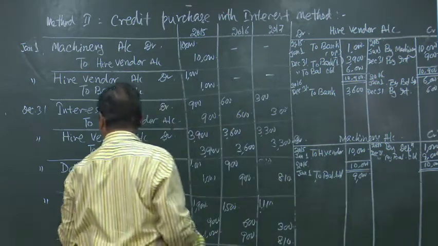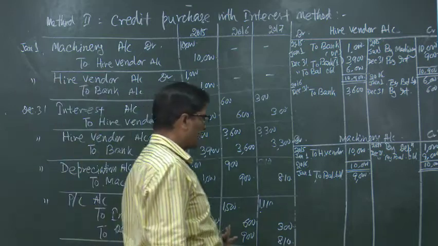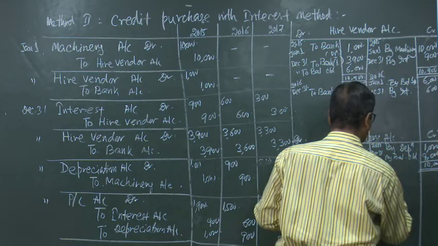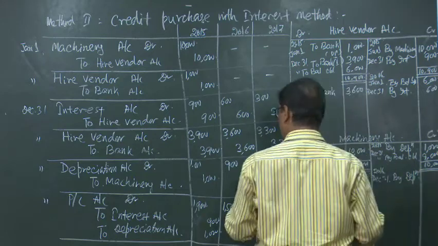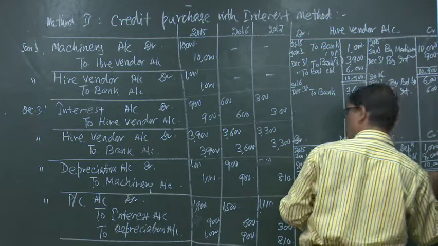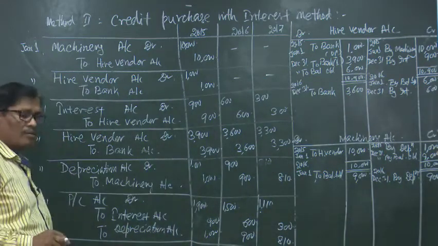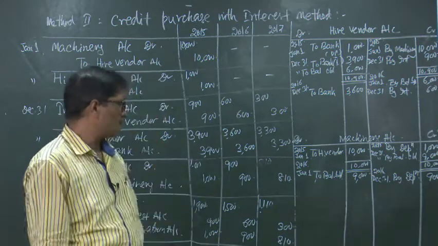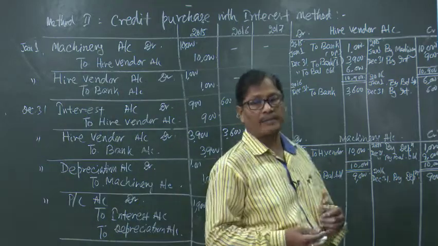Then the next entry is depreciation account debited to machinery account, or machinery account is credited by depreciation account. This is again December 31st 2016 by depreciation 900. Then the last entry is profit and loss account debited to interest account and depreciation account. We are not doing it because of lack of space. Now, let us balance these two accounts again at the end of the second year.